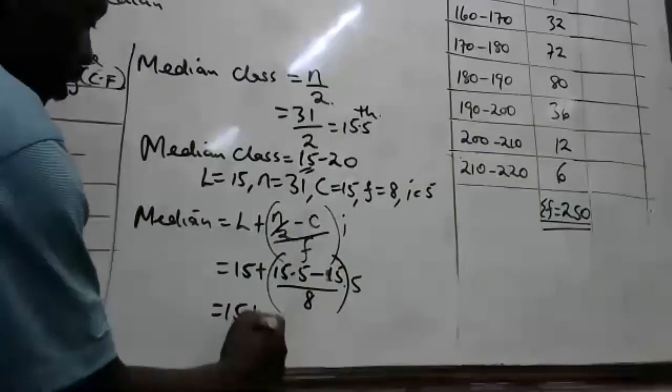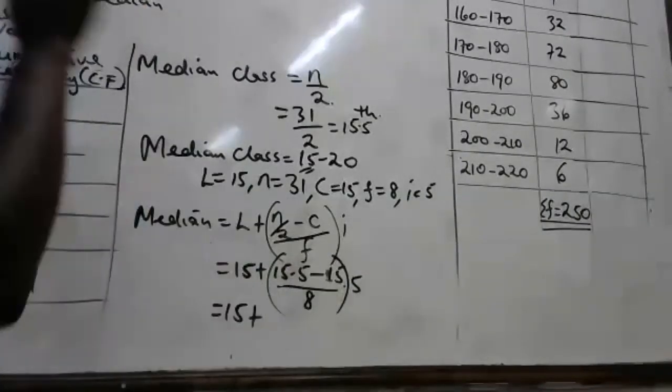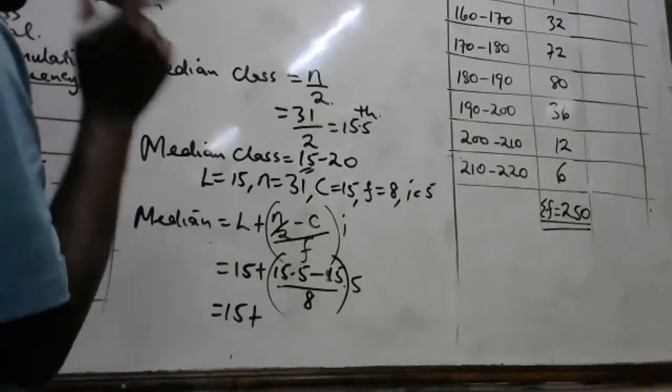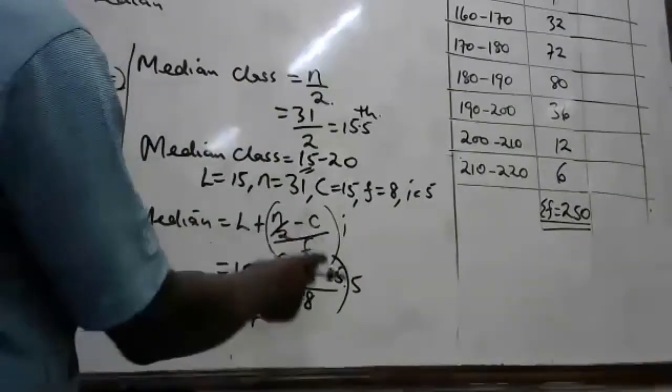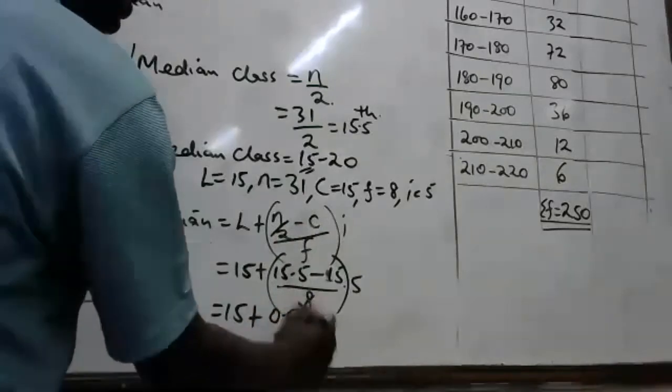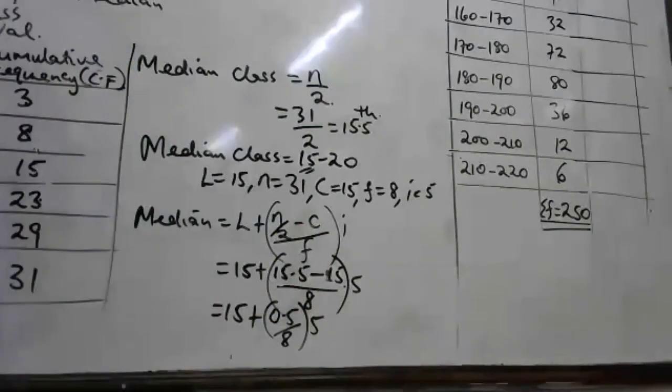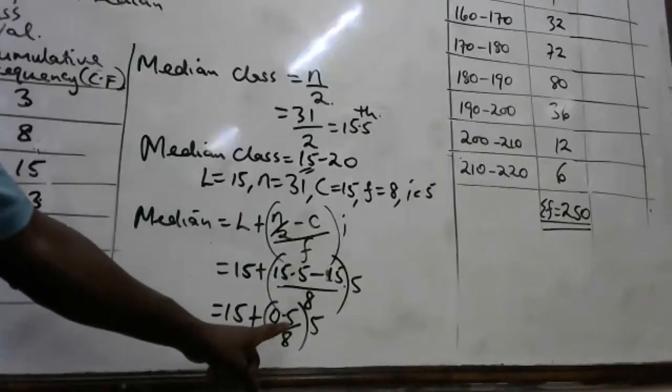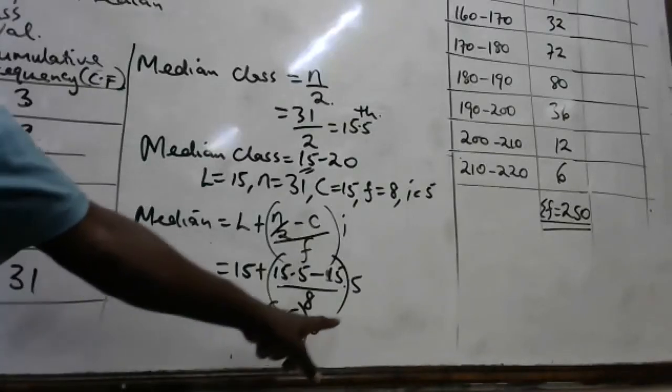It's going to be 15 plus 15.5 minus 15. 15.5 minus 15 is going to give us 0.5 over 8, and then we multiply by 5. Then you work out 0.5 divided by 8 times 5.